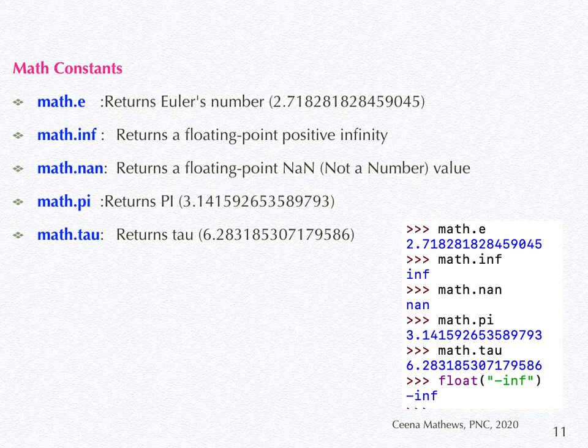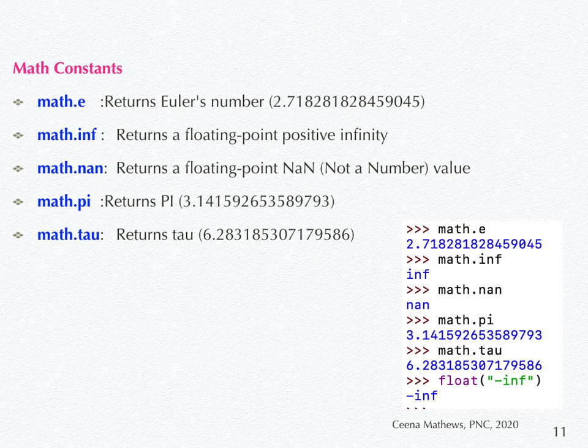Math constants. These are a few of the constants that are commonly used in mathematics. One is math.e. It returns Euler's number, that is 2.71 something. And then next is math.inf, which returns a floating point positive infinity number. That is, it doesn't represent a number, it just specifies an infinity value.